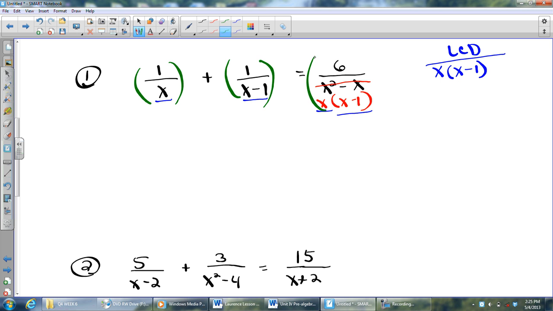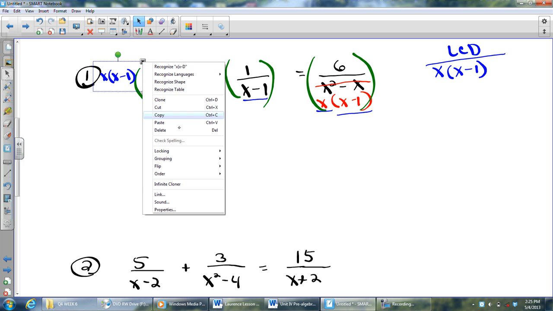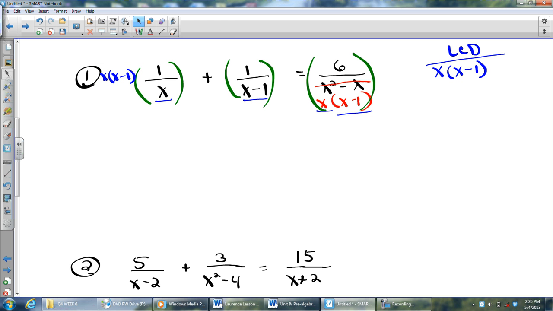Okay, so my LCD is x times the quantity of x minus 1, right? Okay, so I'm going to need that here, here, and then one more time here. And if you want, you can put those all over 1. That's fine. If it helps you visualize numerator and denominator better.